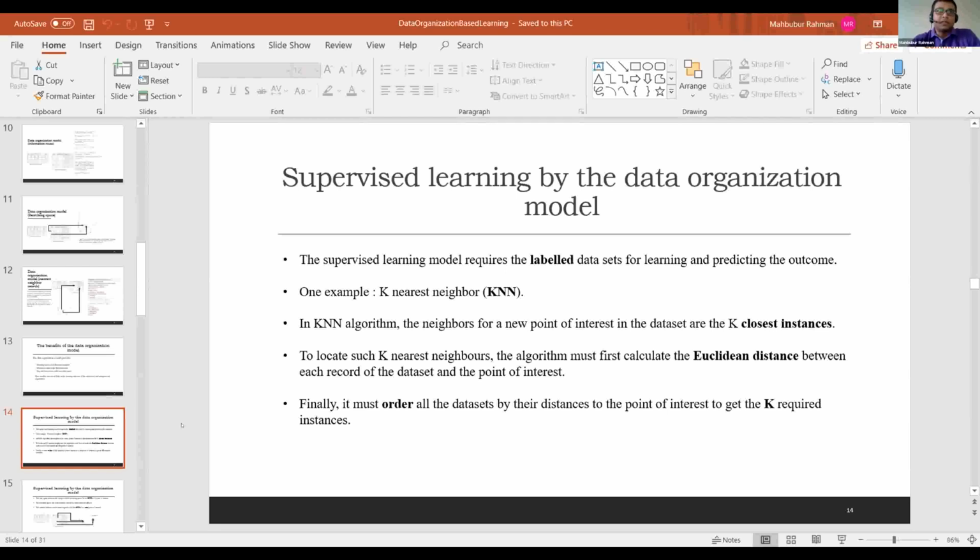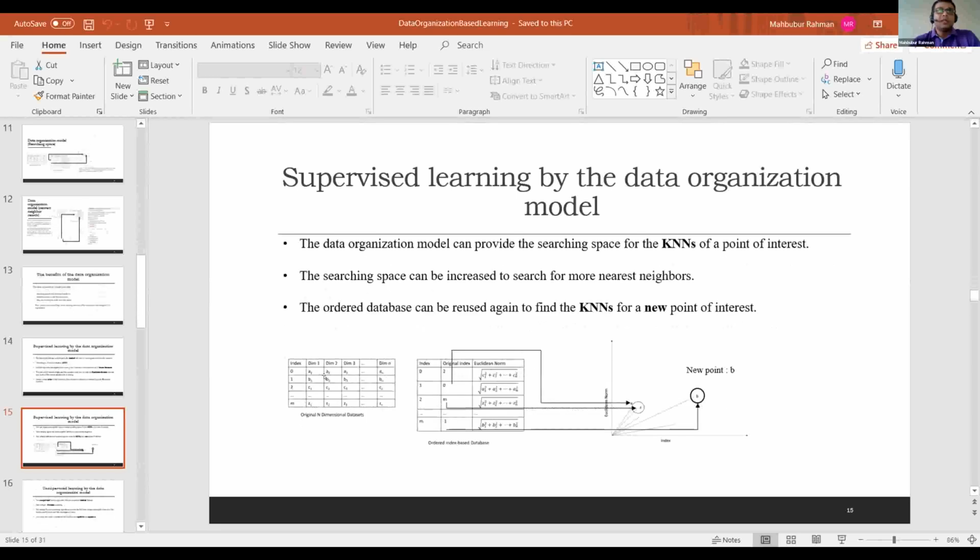And then to locate such k nearest neighbors, the algorithm must first calculate the Euclidean distance between each record of the dataset and the point of interest, and finally it must order them to find the k required instances. So here we have seen that for each new point of interest, it needs to order these data sets and also calculate Euclidean distance. So there is repetitive calculation processing going on.